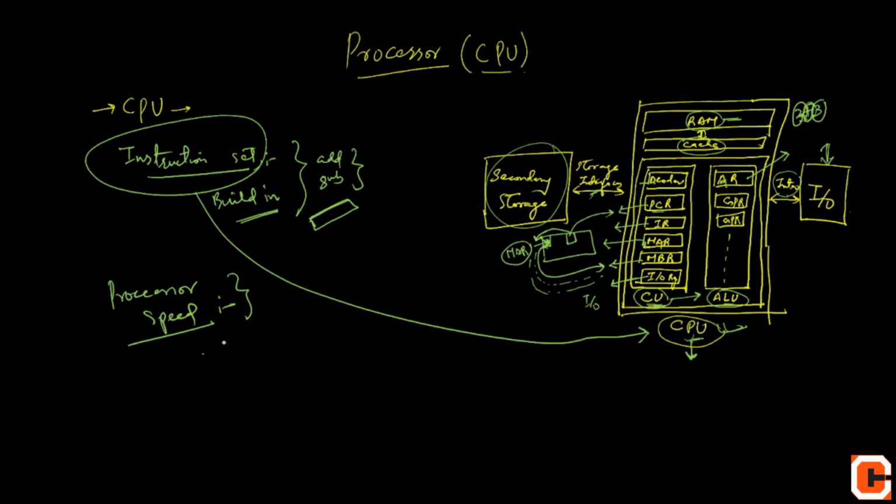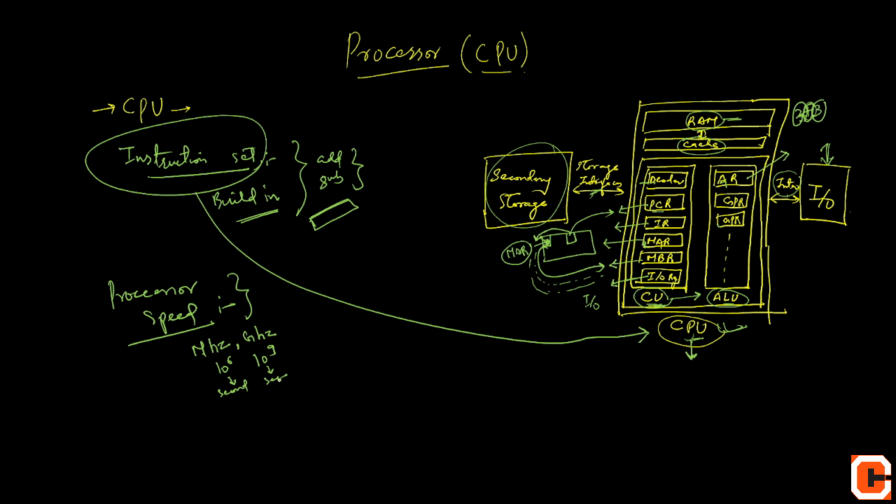We usually measure clock speed in megahertz or in gigahertz, where megahertz is 10 raised to power 6 and gigahertz is 10 raised to power 9 hertz. These are done in just 1 second. So 10 raised to power 6 cycles per second.